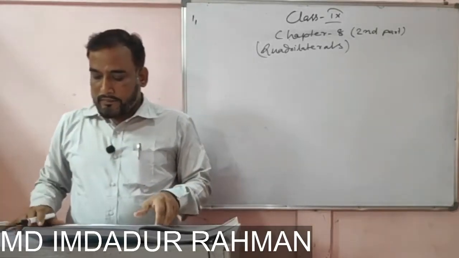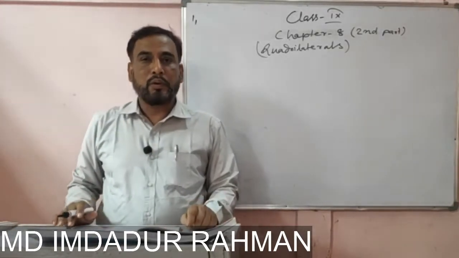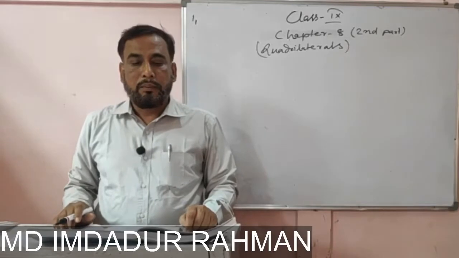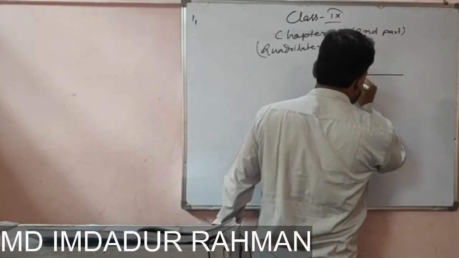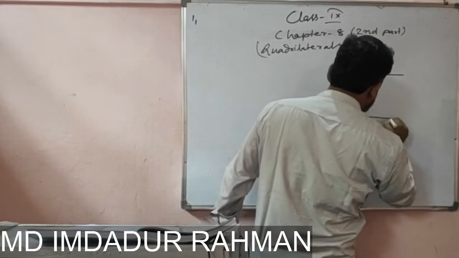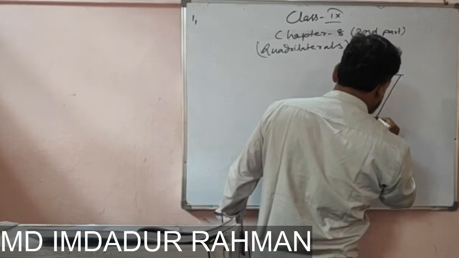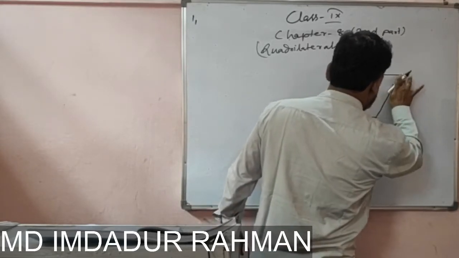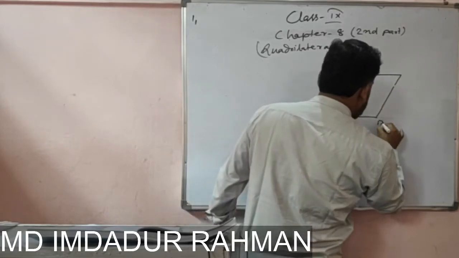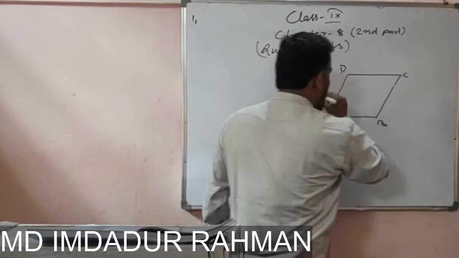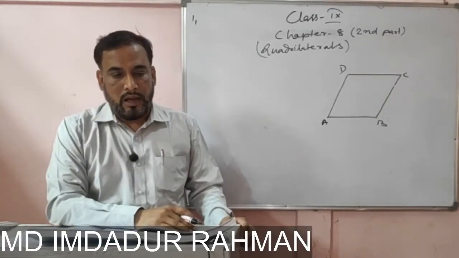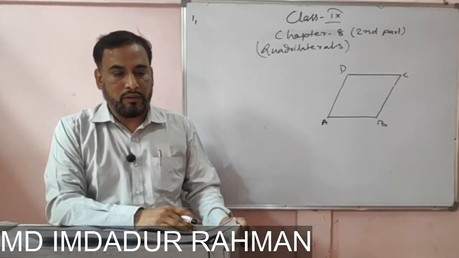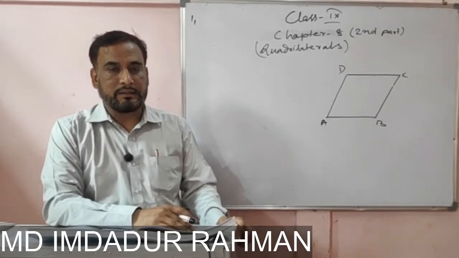So, to prove this, we have to draw a parallelogram. So, let us draw. ABCD is a parallelogram, and here you have to prove that the diagonals of a parallelogram bisect each other.